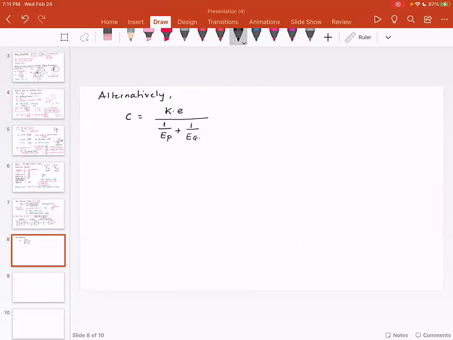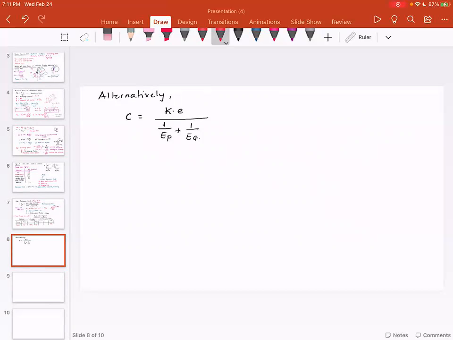Now, this difference in Young's modulus is sort of indicative of the relative strength. So what we want to see is whether the gear meshing with the pinion is equally strong or weaker, and that information is captured in this Young's modulus.